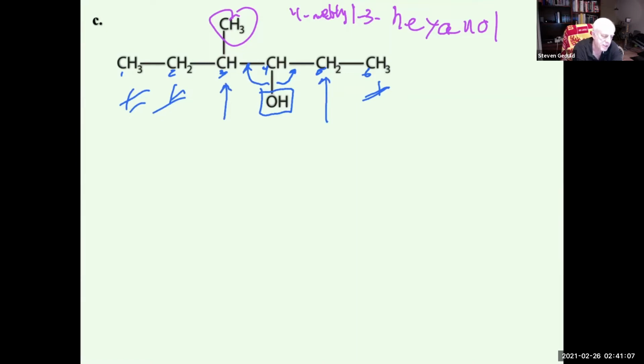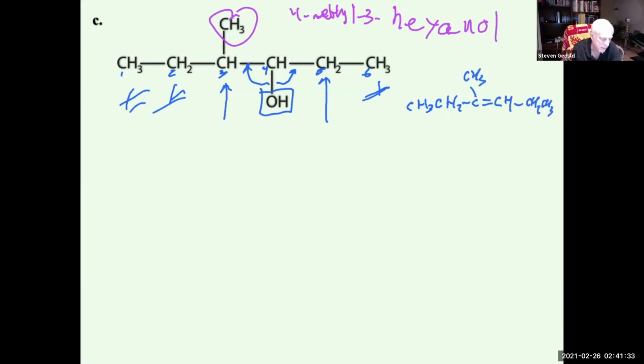So one of my products is going to be CH3, CH2, bonded to C, CH3, that's our methyl group, double bond, slings down here, CH, CH2, CH3.